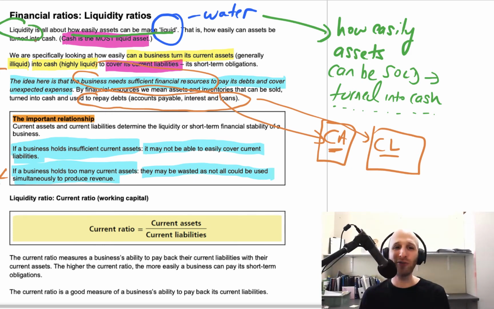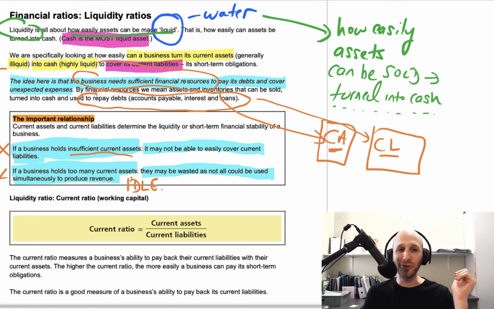But they're sort of sitting idle. They're not being used to produce anything, and they're just wasted. It's just money that's been spent on something that's not going to be used. But we definitely want to avoid this insufficient situation so that when expenses come along, we don't have enough to take care of them. That would be a very difficult situation.